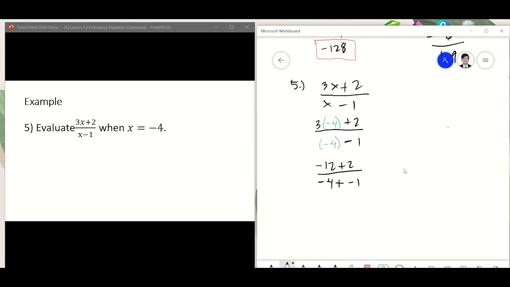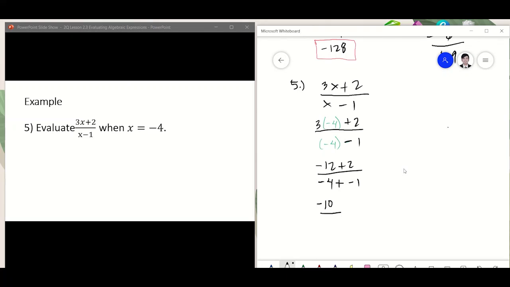Now in the numerator, they have different signs. The operation is addition. So the rule says when they have different signs, we need to subtract. So 12 minus 2 is a 10. Then the absolute value of negative 12 is greater than the absolute value of 2. So negative 10. Then in the denominator, negative 4 plus negative 1, they have the same signs.